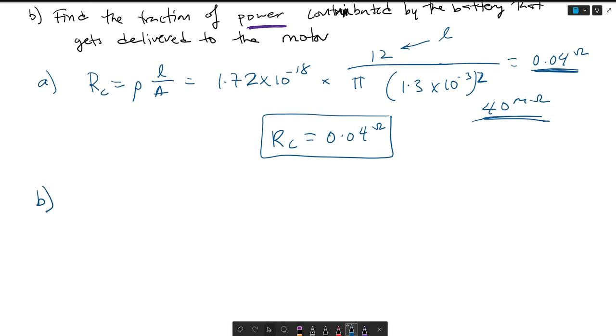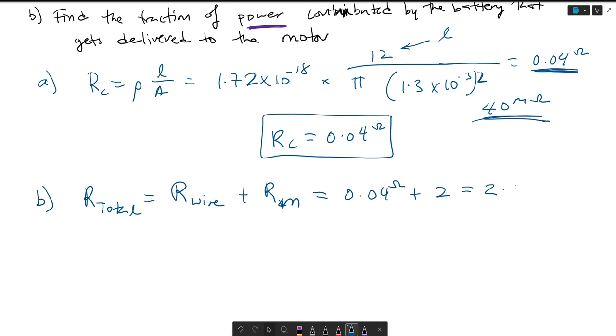So now B, we can first see that the total resistance, R total, is equal to R wire plus R M, or the motor resistance, which is equal to 0.04 ohms plus 2, which is equal to 2.04 ohms.